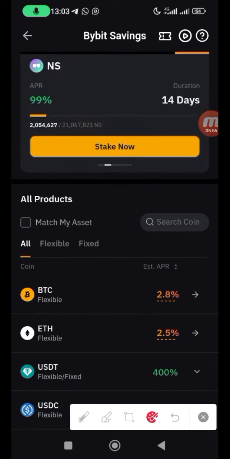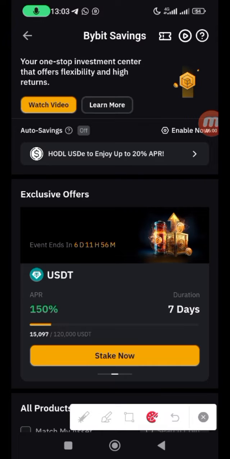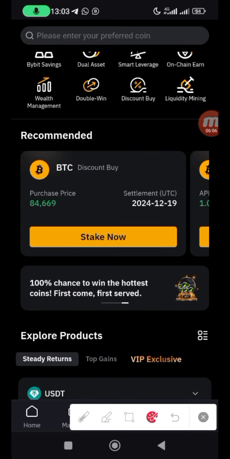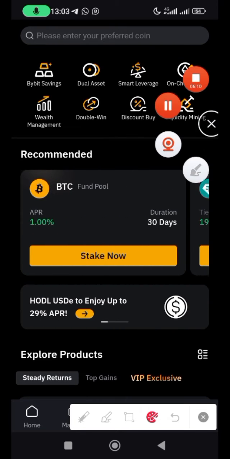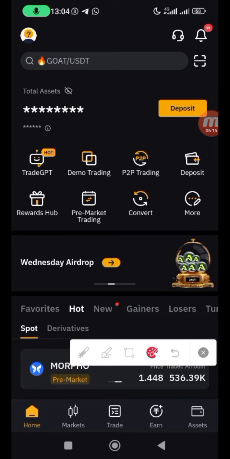Can you see that? So let's go to copy trading. Okay, let me see. Copy trading is not actually here. But if you're a newcomer, please focus on how to buy.